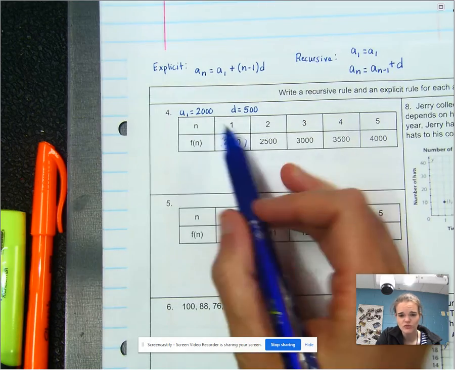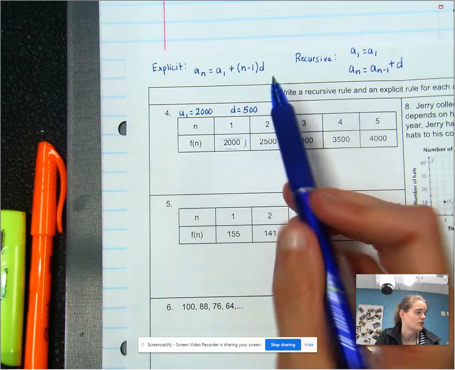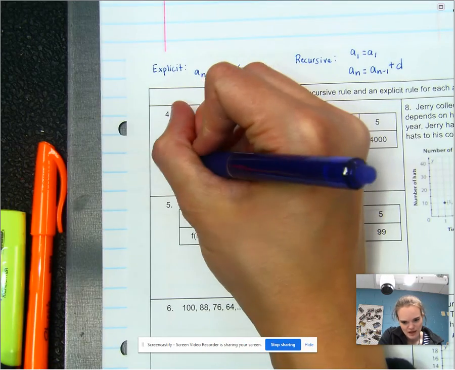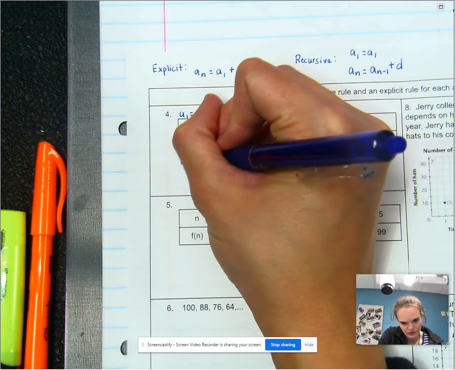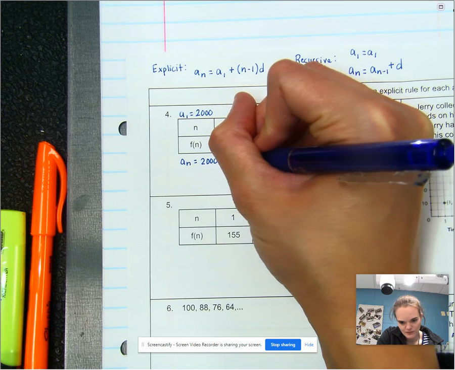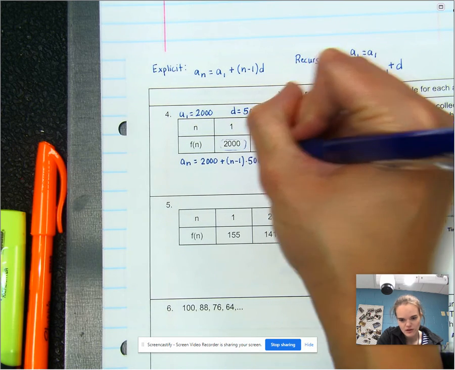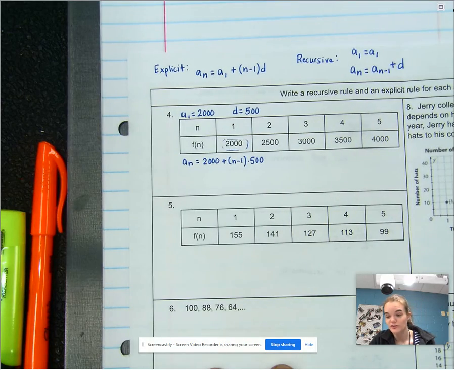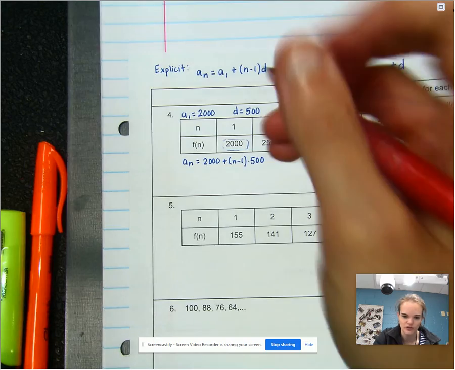We are going to use these and plug them in. We're going to start with the explicit rule just because I wrote that first. A sub n equals, the first term is 2,000 plus n minus 1 times 500. Remember, the explicit rule you have to simplify. You don't have to simplify the recursive.